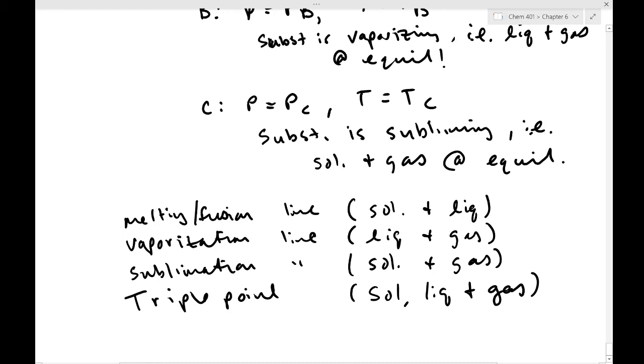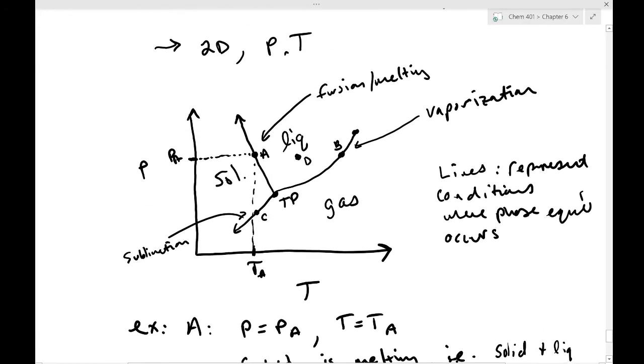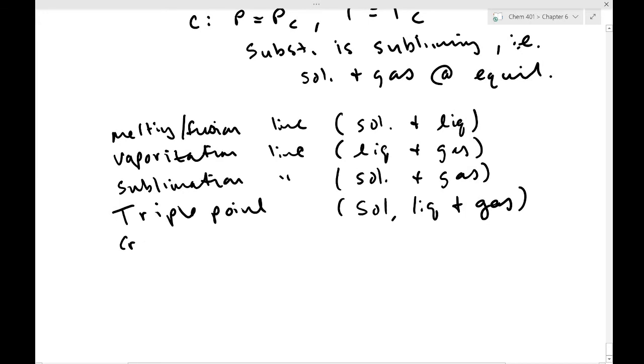Okay, we have one more point on this graph, and it is called the critical point. It's up here at the very top of the vaporization line. Anything above this critical point is said to be a supercritical fluid.